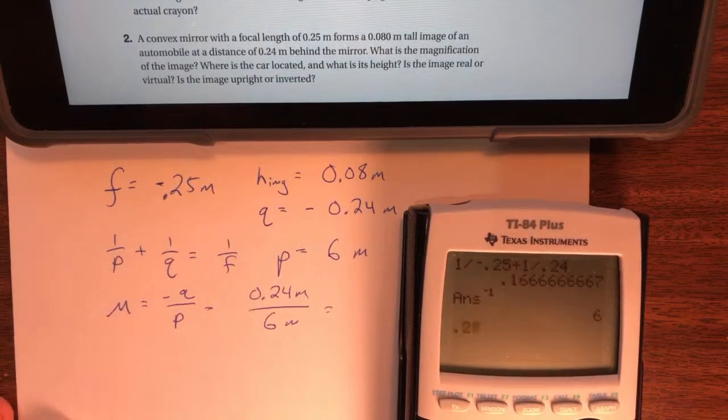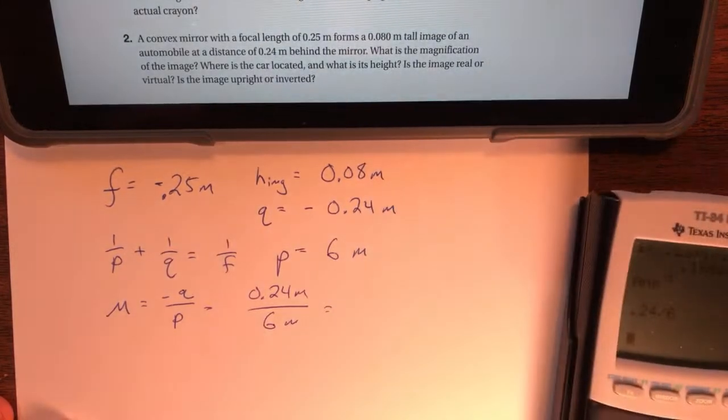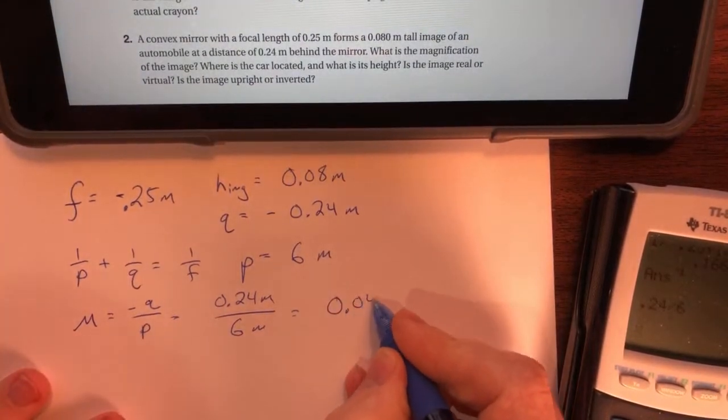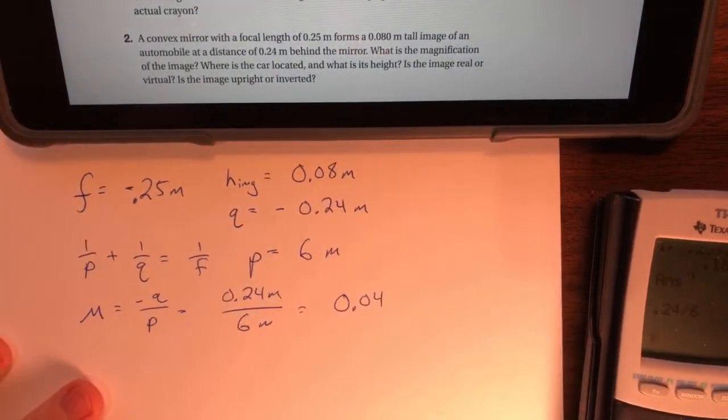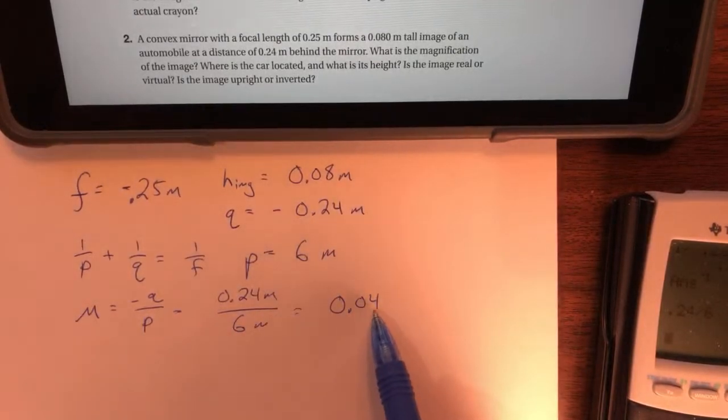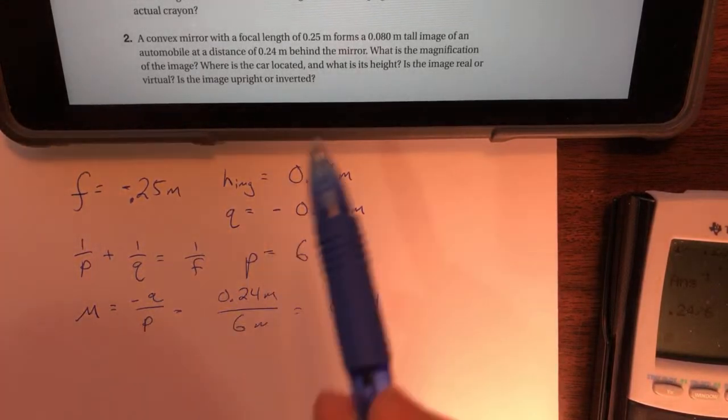So 0.24 divided by 6 gives us 0.04, which is a fairly small magnification. Something is about 4% of its normal size, so it's a lot smaller.